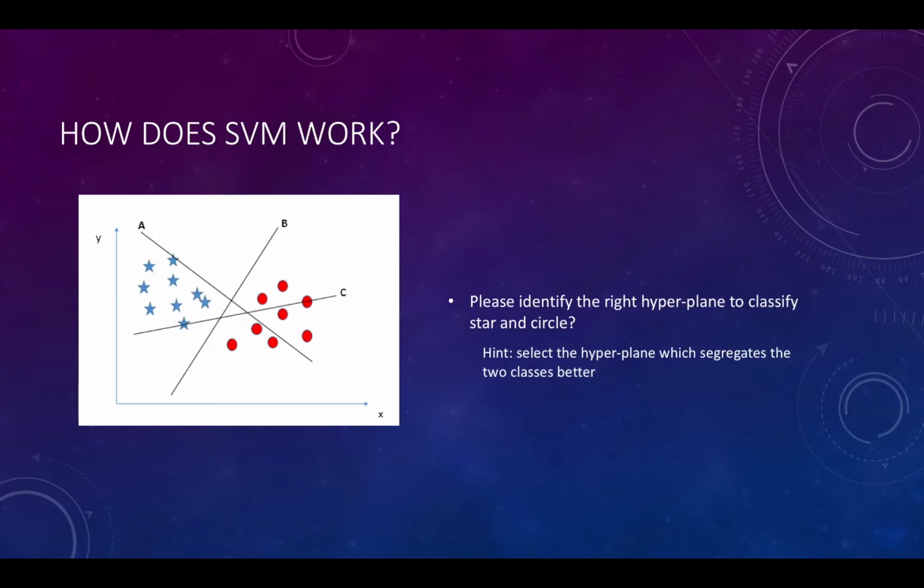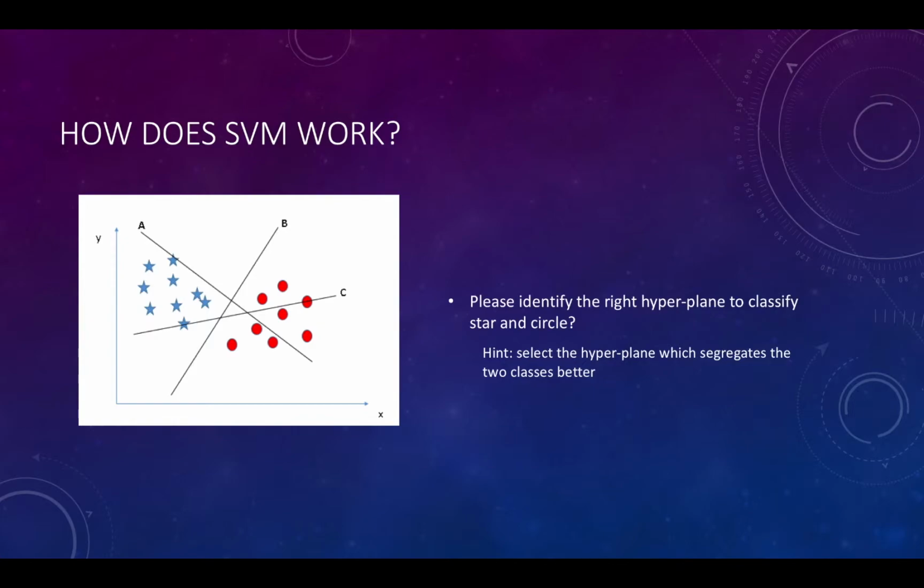In this picture, we want to classify circles and stars. There are three straight lines, A, B, and C. Do you know which line can segregate those two classes better?